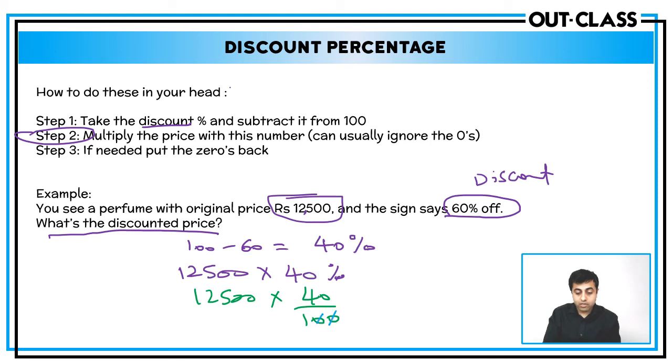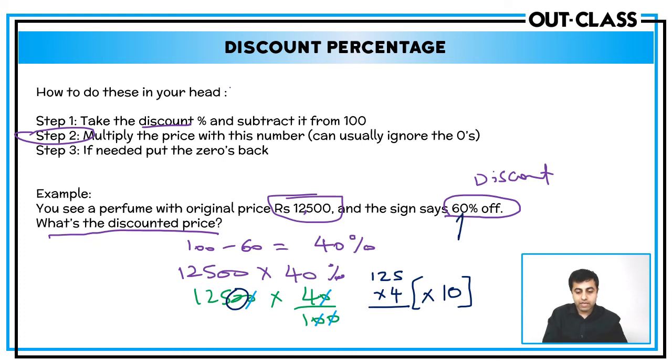So the two zeros would go, well, let's actually get rid of one of these and one of these. So all that's left is 1250 times 4. But even a simpler step, like even this zero for now, just say whatever number I'll get, I'll multiply by 10. So it's just reduced to what is 125 times 4, and then you'll just put a 10 at the end.